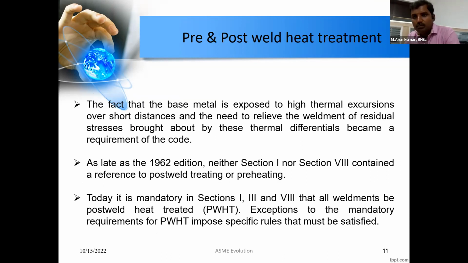And also, post-weld heat treatment, preheating and post-heating were not there till the 1962 edition of the code. Now, the locked-in stresses due to non-uniform heating and cooling of the material during welding or during various manufacturing processes like thermal cutting have been relieved by appropriate post-weld heat treatment or preheating and post-heating of the material.